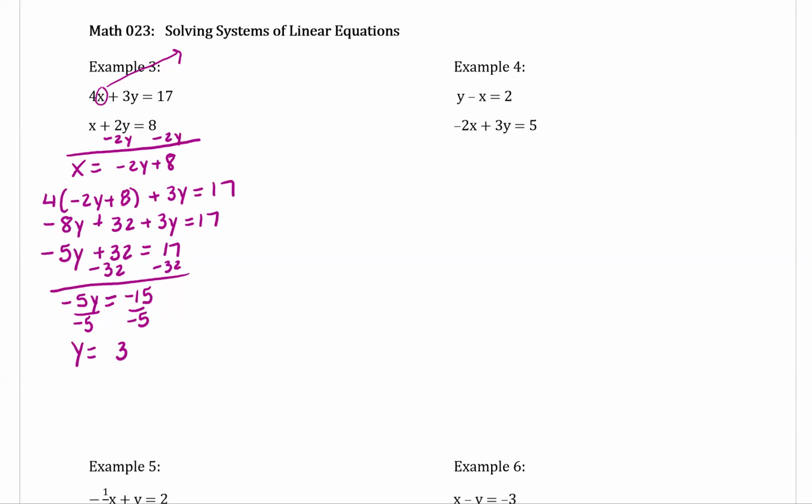So y is equal to 3. I'm going to substitute 3 in for y in one of the original equations.